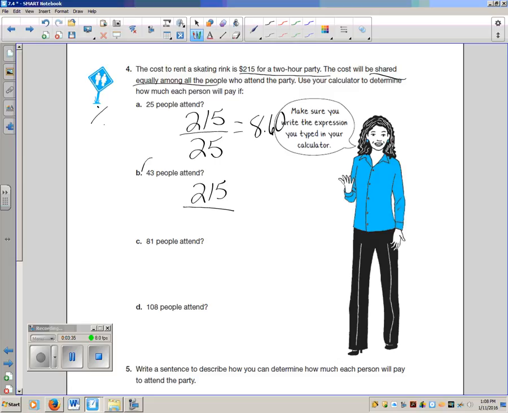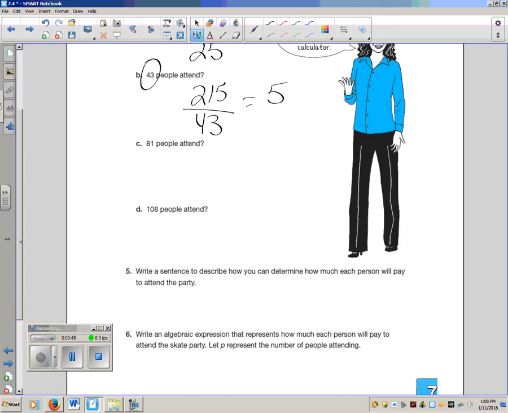Same cost for B, $215. This time, we're going to share it equally with 43 people. On your calculator, go 215 divided by 43. You will get $5 per person. C, 215 divided by 81. On your calculator, solve that.